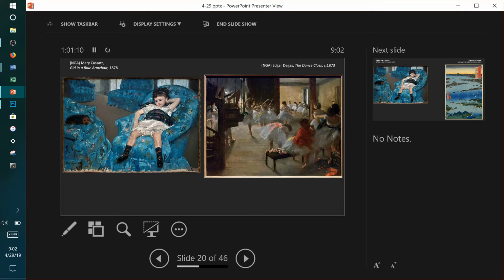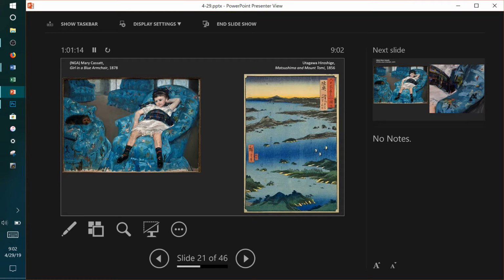Right? So here, a girl in a blue armchair. Again, the sort of random, scattered arrangement of the furniture suggests probably that she's also looking at Japanese prints, right? The scattered arrangement of the islands and the boats as the horizon line has been raised up toward the top of the composition.